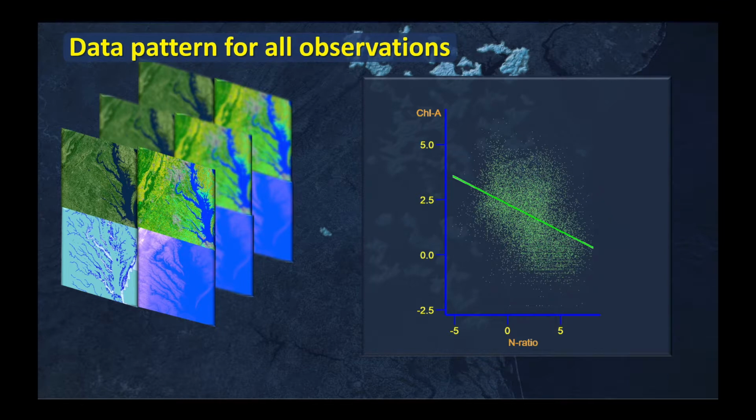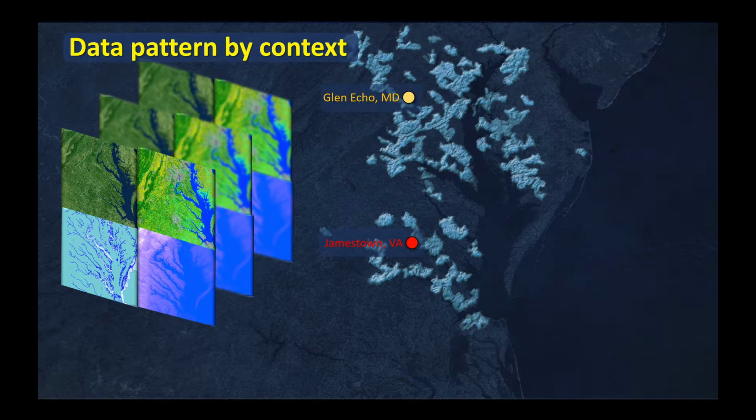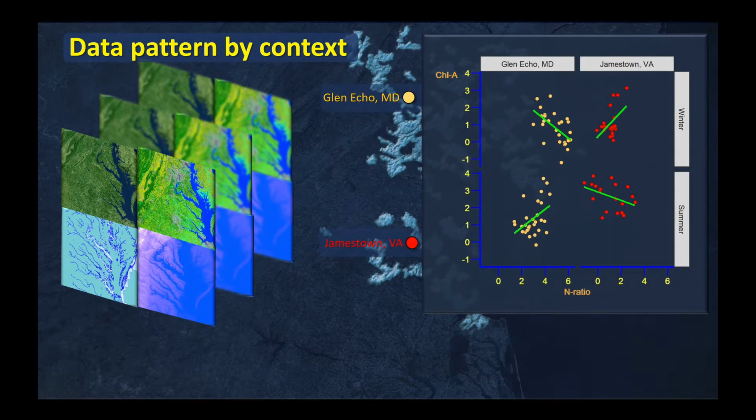We may also carve out some data to focus more narrowly on particular contexts. For example, by allowing our model to vary by time and space, we can see how this relationship between the N ratio and chlorophyll A varies between, say, Glen Echo in Maryland and Jamestown in Virginia, and in winter and summer.